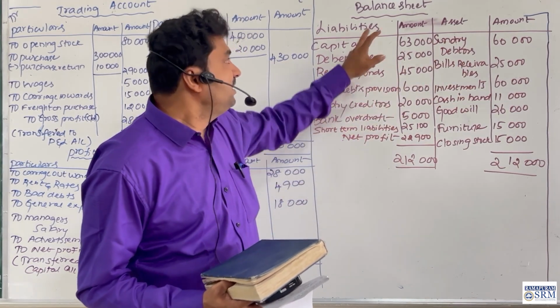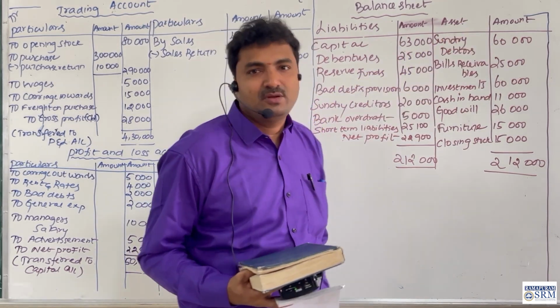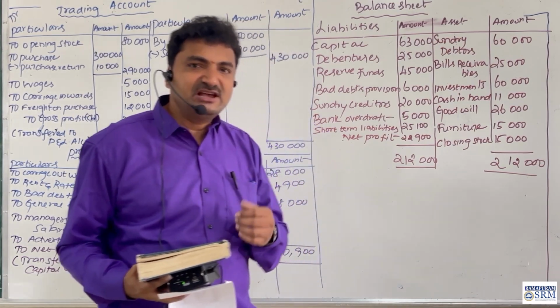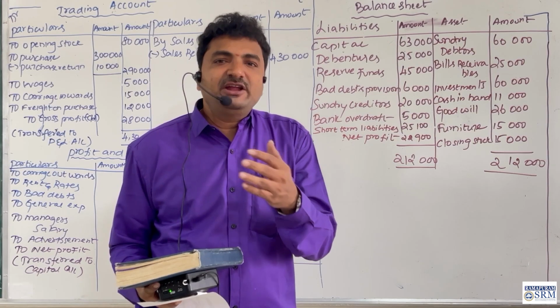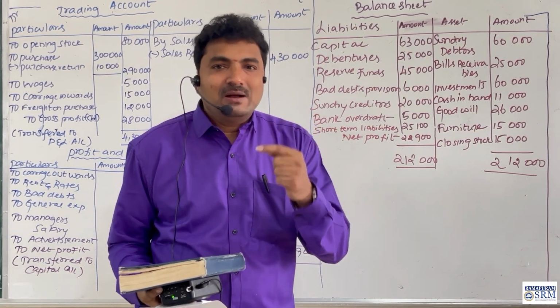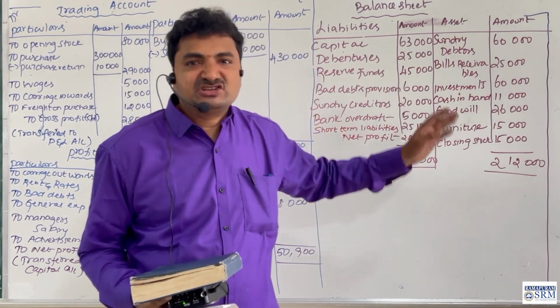One is liability, the second is asset. What is meant by liability? For example, for business purposes, if you borrow money from banks or any finance company, that your company has to repay, the repayable amount we call liability.